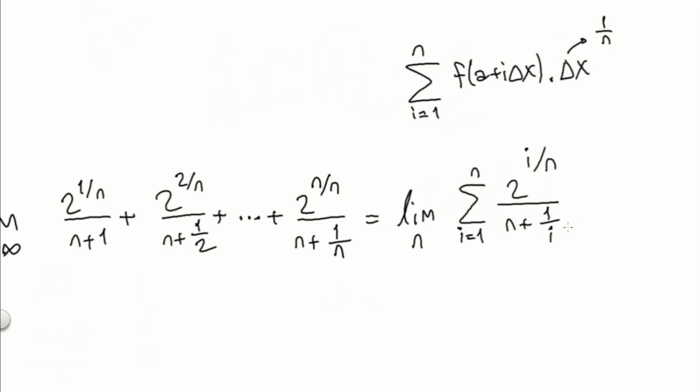So I can try to take this denominator into n parentheses, and it will be 1 plus n I, times 1 over n. Now it looks more like that. If I say this thing is f of a plus I delta x, this is already I delta x, and my function looks like 2 to the x, but I have extra stuff here, so it's actually not a Riemann sum, and we can't just calculate it directly.